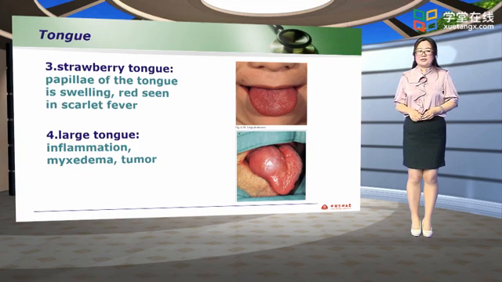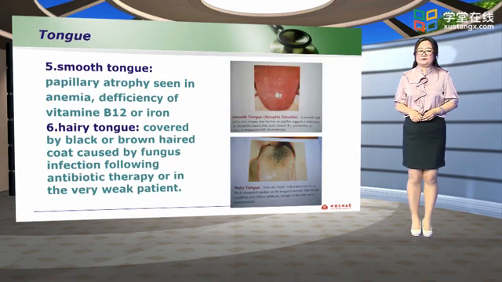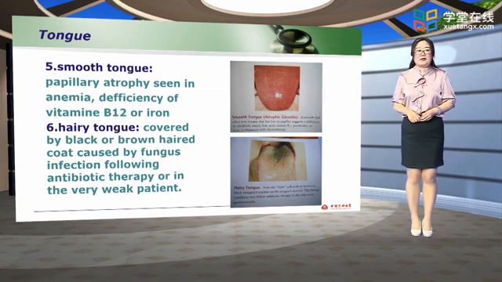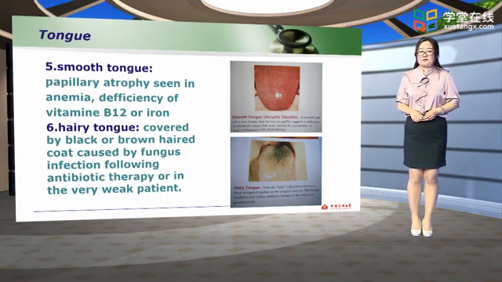Strawberry tongue is usually seen in scarlet fever, and if the patient has inflammation or myxedema or tumor, we will see a large tongue. Sometimes the surface of the tongue is smooth, which means that the patient may have papillary atrophy, which is often seen in anemia or deficiency of vitamin B12 or iron.